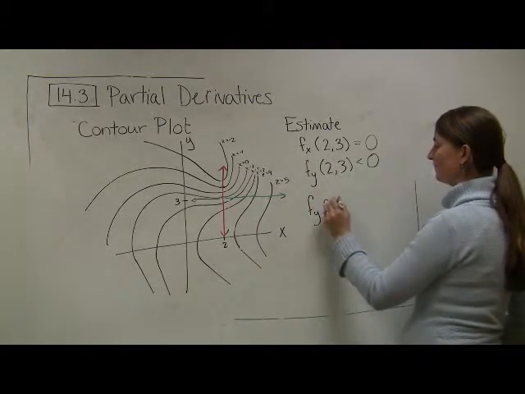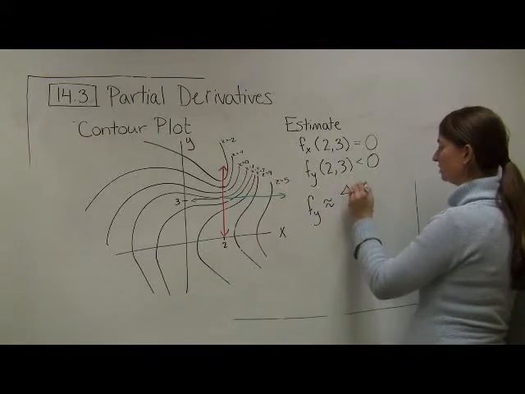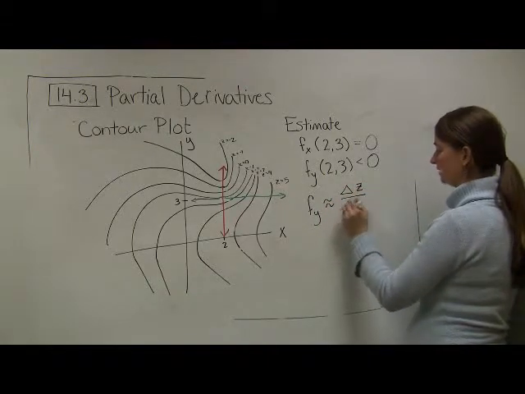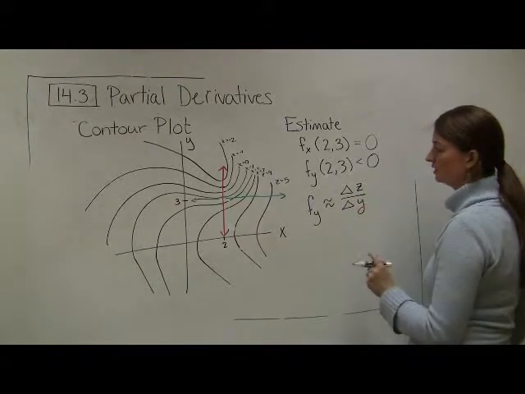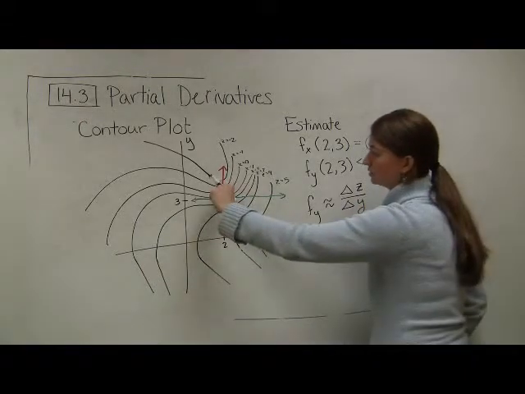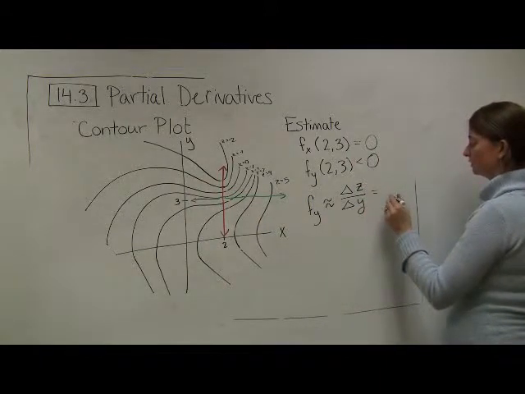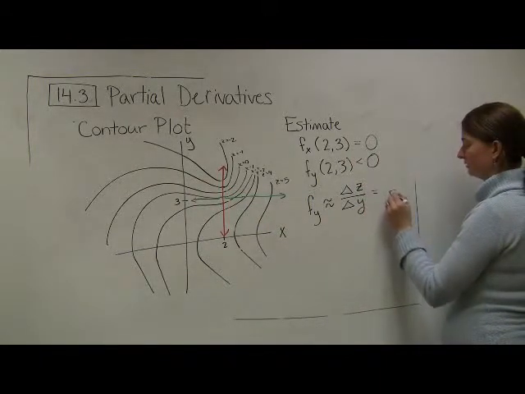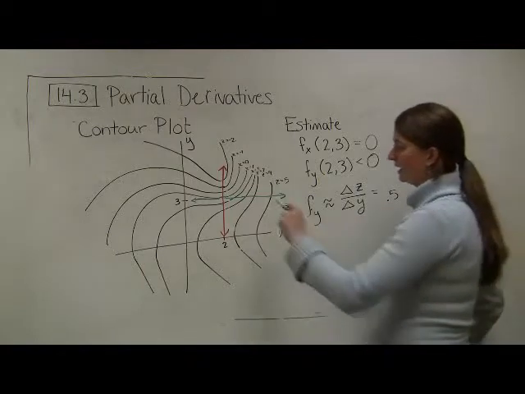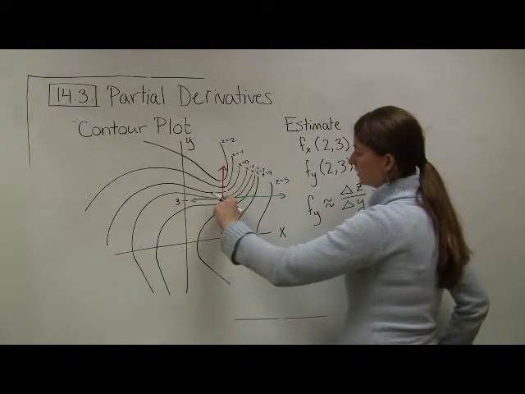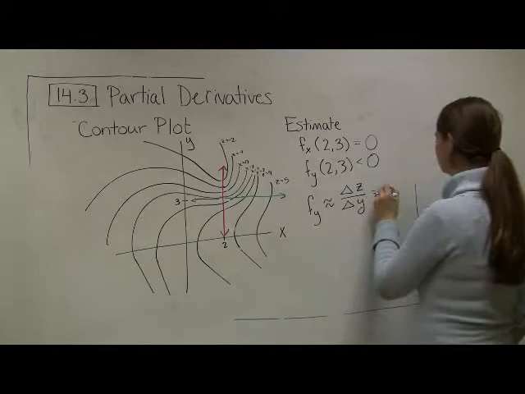F sub y is about equal to my change in height divided by my change in y values, which in this case, my y values are shifting by an amount of 0.5 as I go from 3 to 3.5. And my z values are going down by 2.